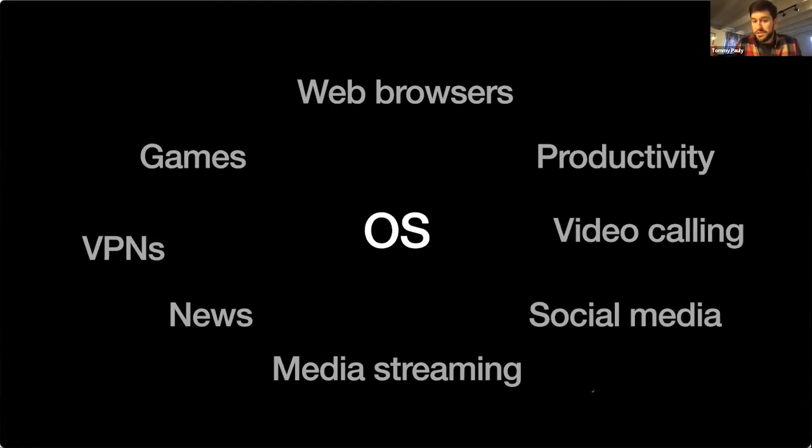But browsers just represent one kind of many different kinds of apps that run on a client-facing operating system like what we do for macOS and iOS. And many app developers don't have the resources to build their own networking stack or integrate a third-party SDK. So the lowest common denominator for usability is what's built into the standard libraries, what ships with the OS. And so that's what we are trying to solve.